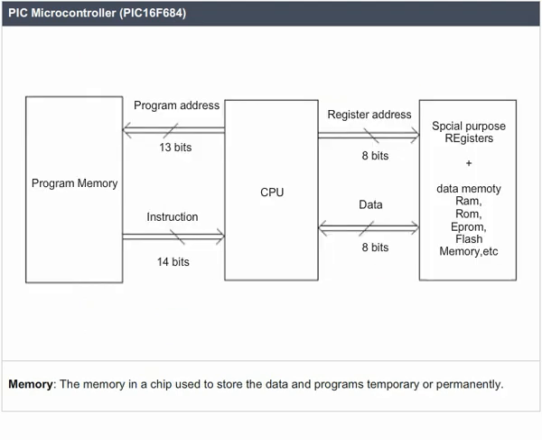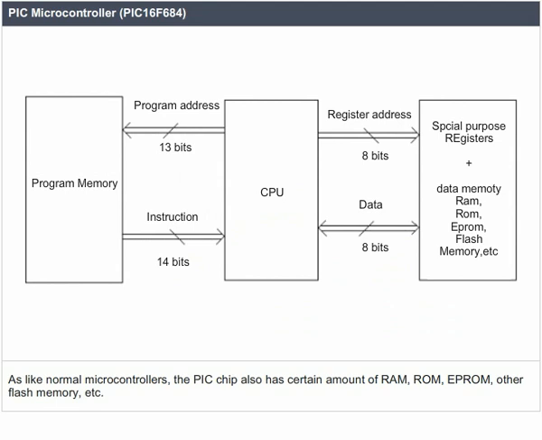Memory. The memory in a chip is used to store the data and programs temporarily or permanently. Like normal microcontrollers, the PIC chip also has a certain amount of RAM, ROM, EPROM, other flash memory, etc.